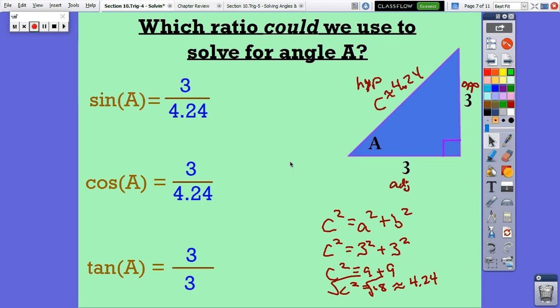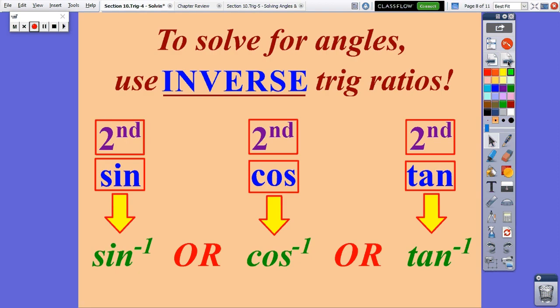So what I'm trying to illustrate here is that with this particular problem, and another problem later on, if you have more than one option for a trig ratio to use out of sine, cosine, and tangent, you could use any of them if you really wanted to. So now I'm going to show you, once you have your ratio set up, well then how do we get these angle A's all by themselves?